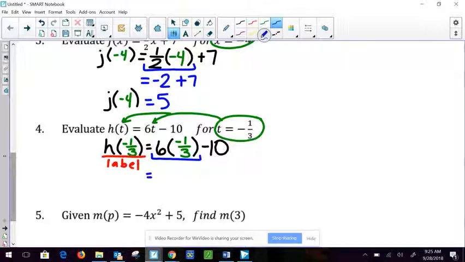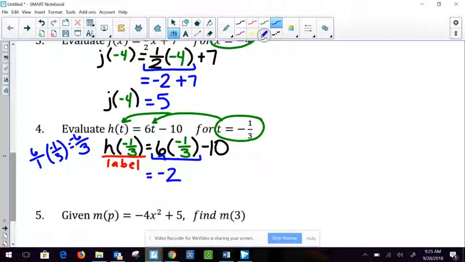So 6 times a -1/3, if you kind of think of 6 as a fraction, 6 times -1, we have 6 times -1 is -6. 1 times 3 is 3. So what's -6 divided by 3? That gives me a -2.